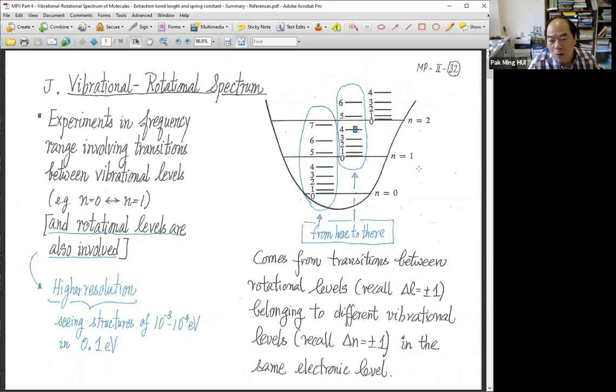For example, this one will be n equals 1, L equals 4, and this one will be n equals 0, L equals 3.